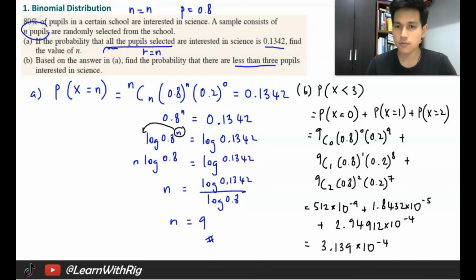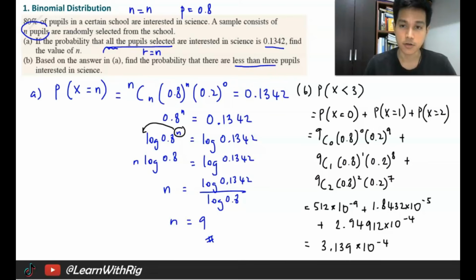Okay, so all the values here are too small. If I just put 0.000, it doesn't make sense, that means my final answer is going to be 0. So because of that, I'm going to write in standard form and find out what my final answer is in terms of standard form. Okay, clear? If you watched the previous part of the video, I rounded the answers that were too small.